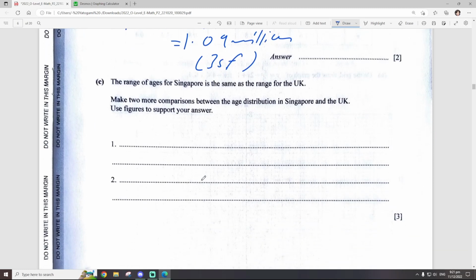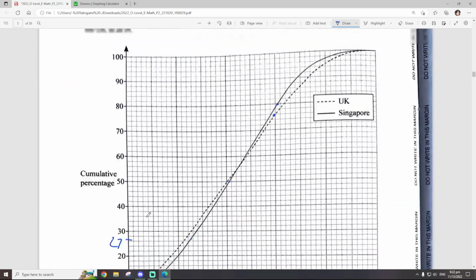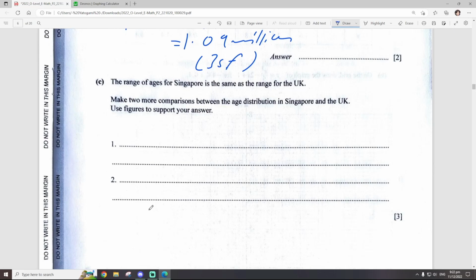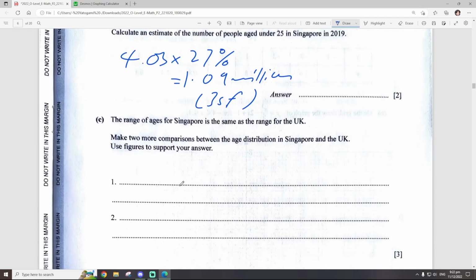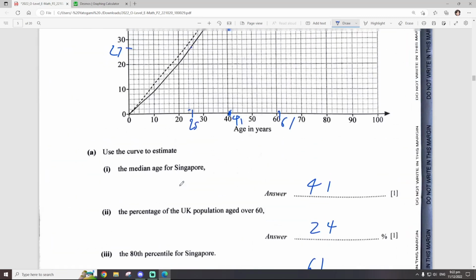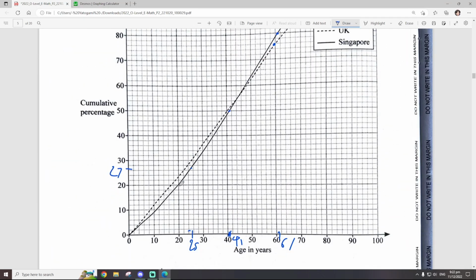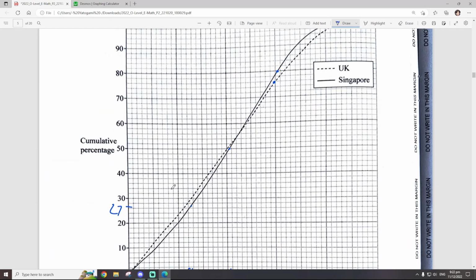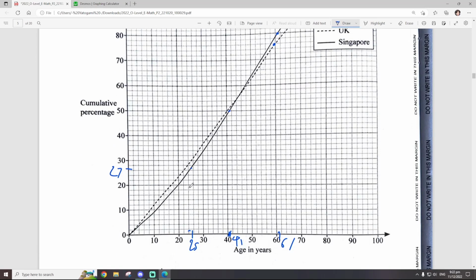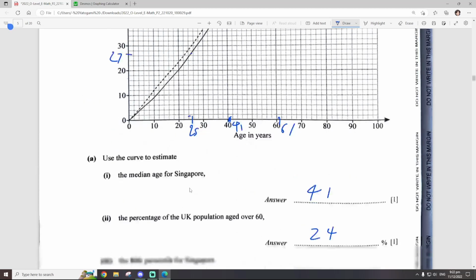Okay. The range of ages for Singapore is the same as the range for the UK, so it seems to be 0 to 100. Make two more comparisons between the age distributions. Use figures to support the answer. Okay, so quite standard. We have done this before. So what could we possibly compare? Well, we noticed that the median age in the UK is 40 because the 50th percentile is 40.